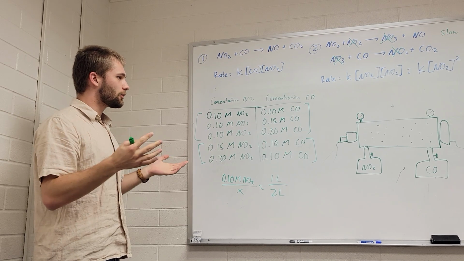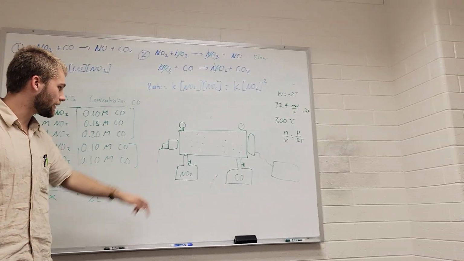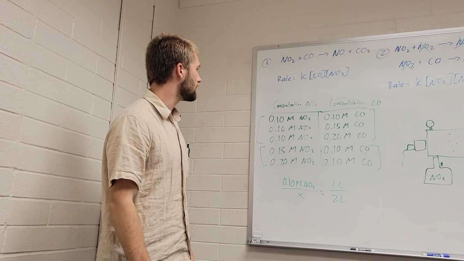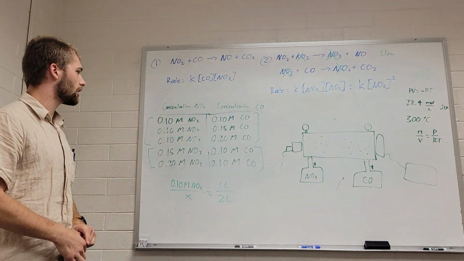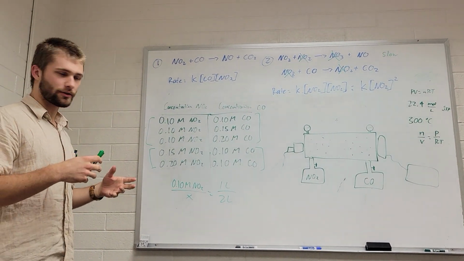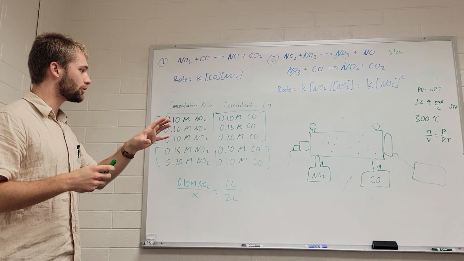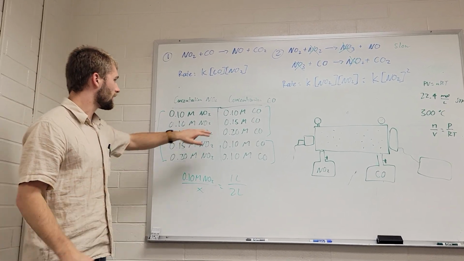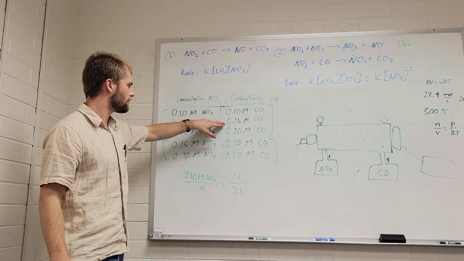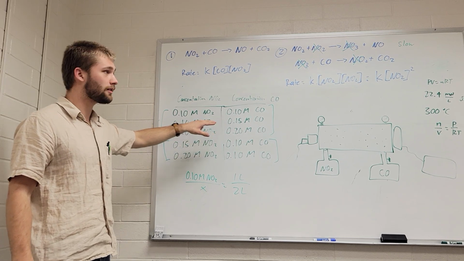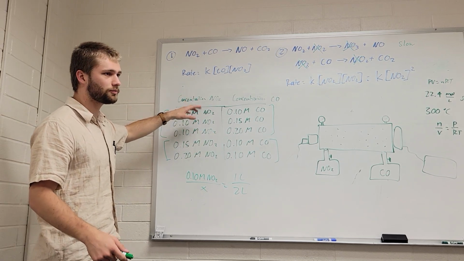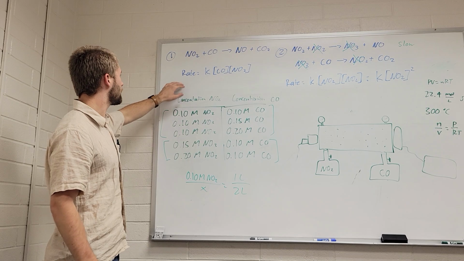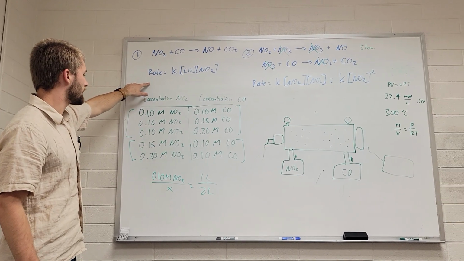So, in summary, using this little apparatus, we can mix the nitrogen dioxide and carbon monoxide at different concentrations and measure the CO2 produced based on the results. If changing the concentration of carbon monoxide changes the rate, then we can make our hypothesis, our theory, that this is the mechanism of action.